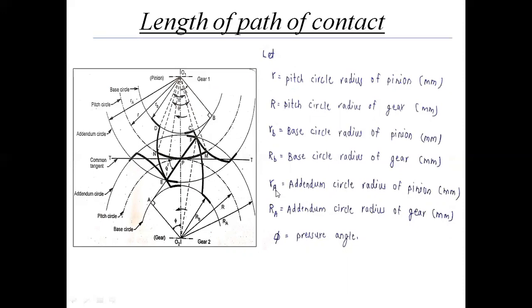Small r suffix a is the addendum circle radius of the pinion, and capital R suffix a is the addendum circle radius of the gear. So capital Ra and small ra are the addendum circle radii of the gear and pinion respectively.